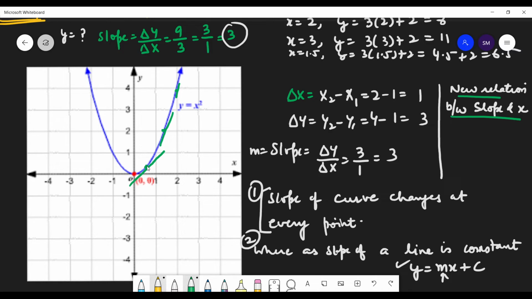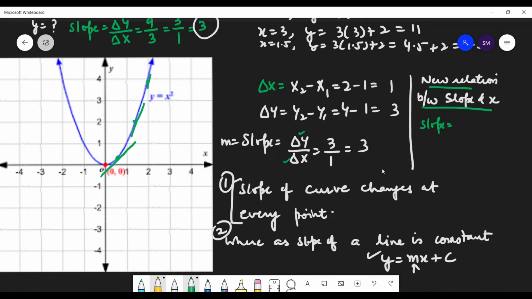So actually here we have to take a very small change in y-axis divided by a very small change in x-axis. Why am I taking very small?